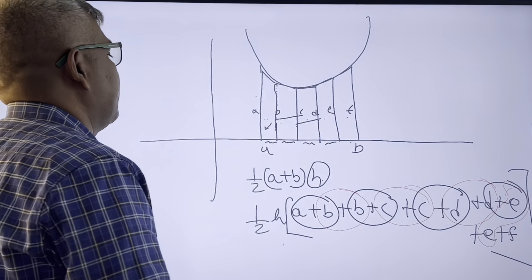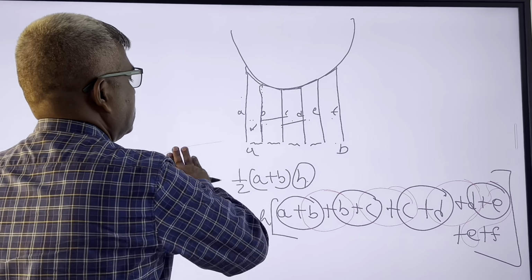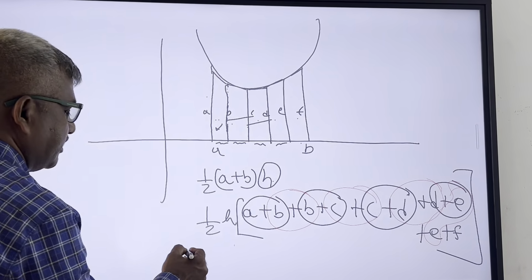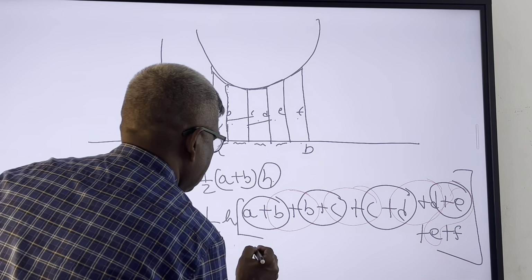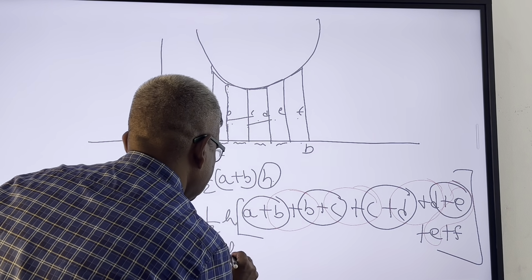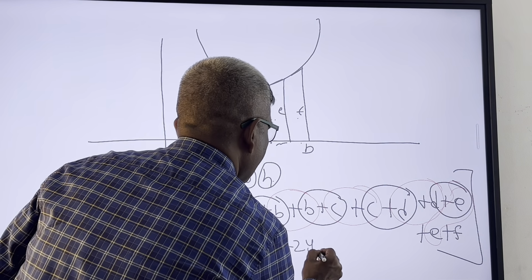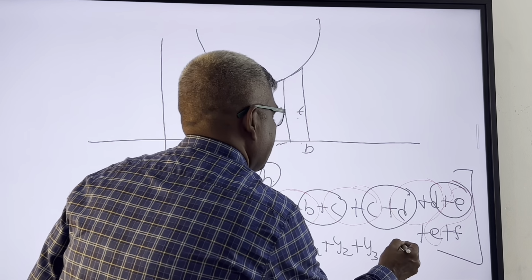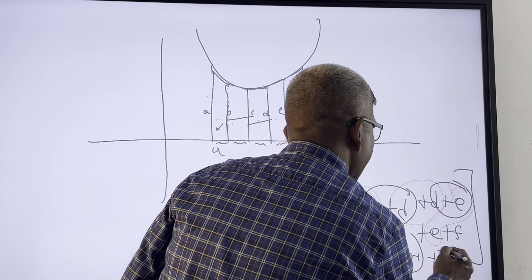That is the reason we are putting half h, y0 plus 2y1 plus 2y2, 2y3, dot, 2yn minus 1, plus yn.